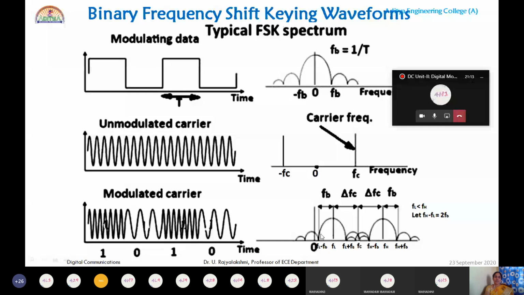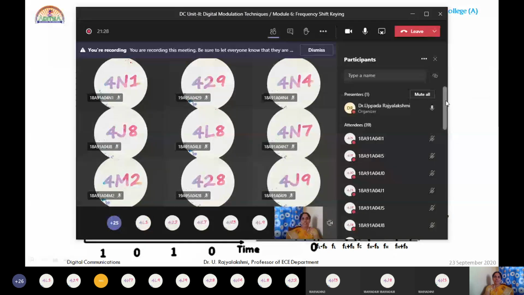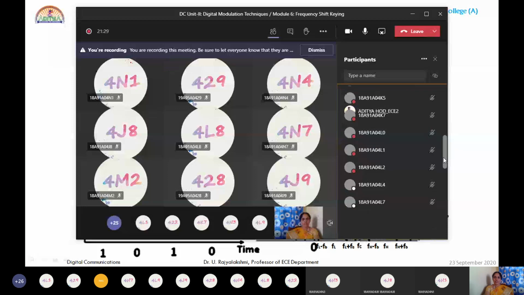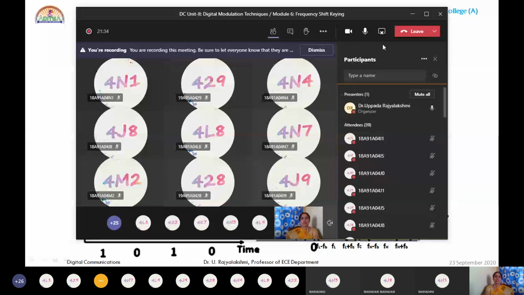What is the lower cutoff frequency and what is the higher cutoff frequency of the spectrum shown here? So a total of 39 students are there. Okay, any one of you please respond, what is the lower cutoff and what is the higher cutoff?